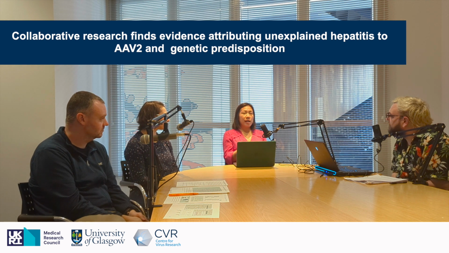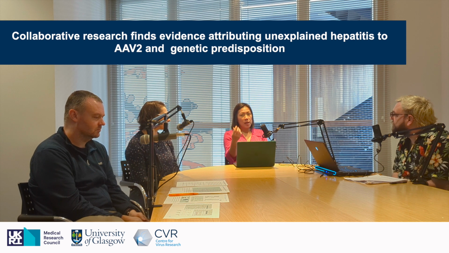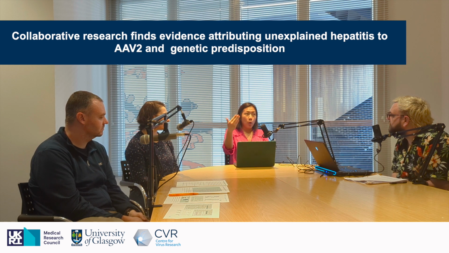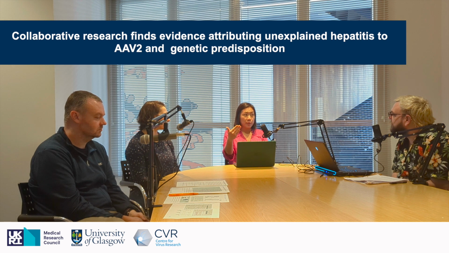The ISARIC protocol also allows us to take longitudinal samples, so in the patients where we have longitudinal samples, we're able to measure viral load over time. And we show that high levels of AAV2 don't hang around in the blood, and high levels seem to coincide with very high levels of liver inflammation.